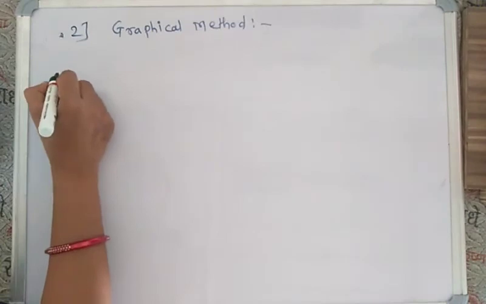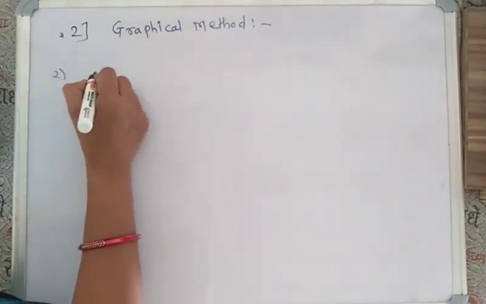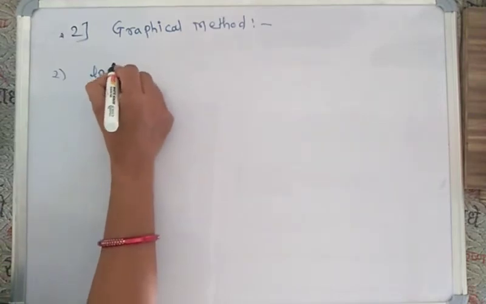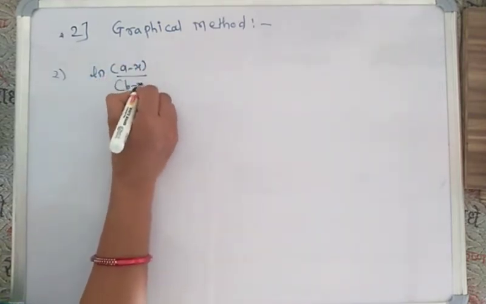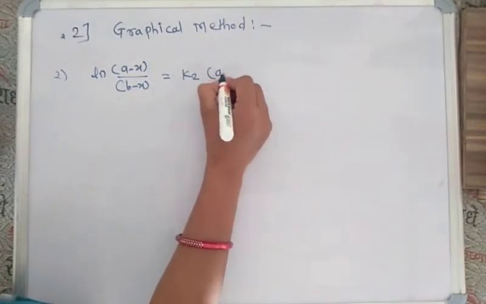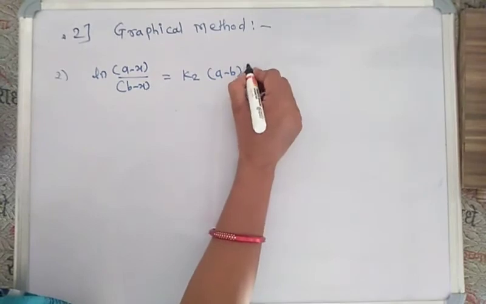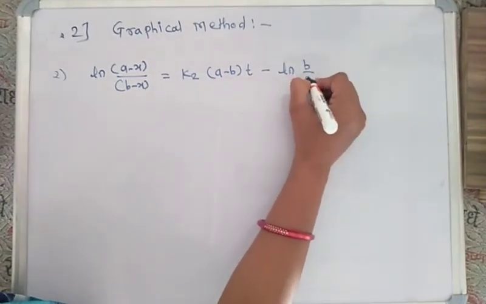Let me see the third graph, that is for second order with unequal initial concentrations. For second order with unequal initial concentrations, the expression will be ln of a minus x divided by b minus x is equal to k2 into a minus b into t minus ln of b upon a.